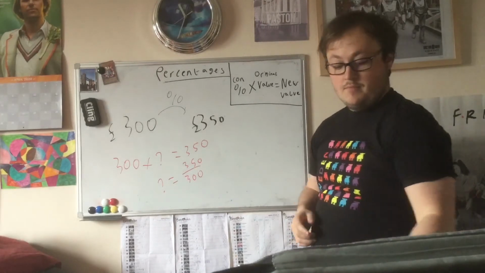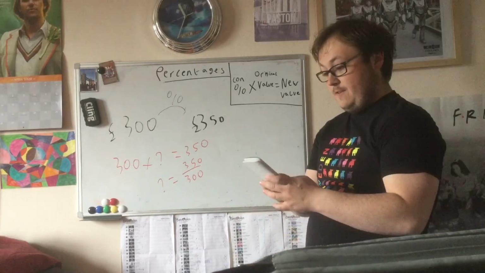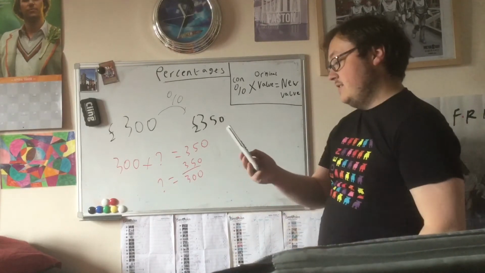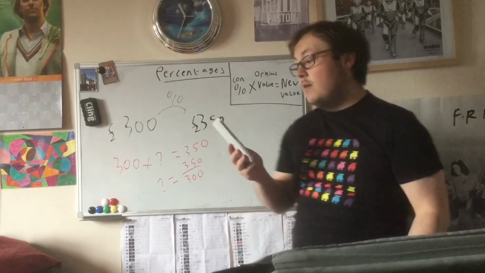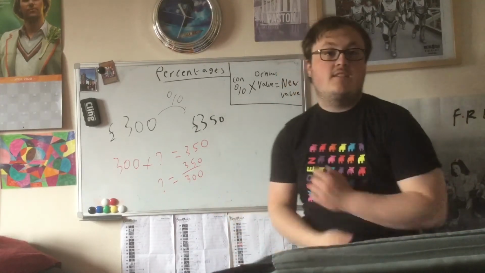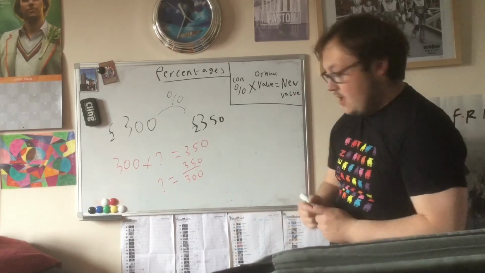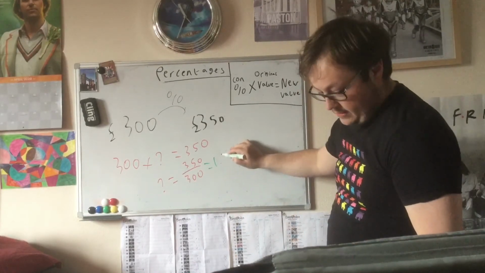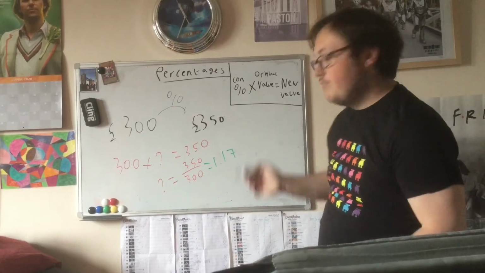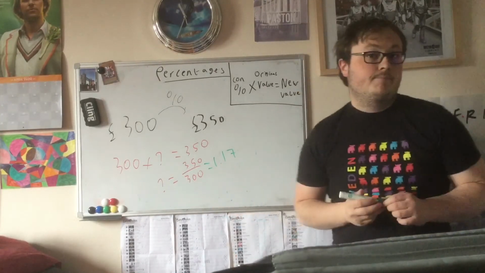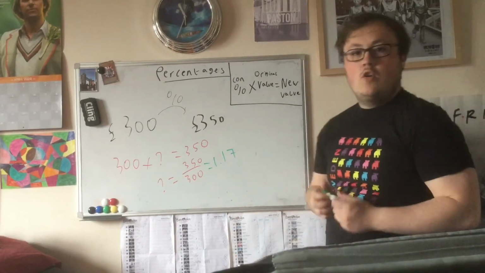Okay? So, 350 divided by 300 will get us 7 over 6, which is 1.166666667. I'm going to do this to 2 decimal places because it's just easier. So that is 1.17. However, that's not our percentage.